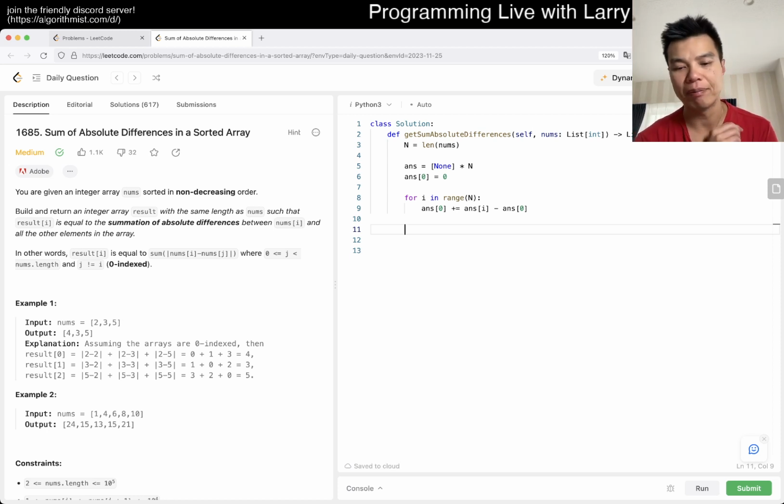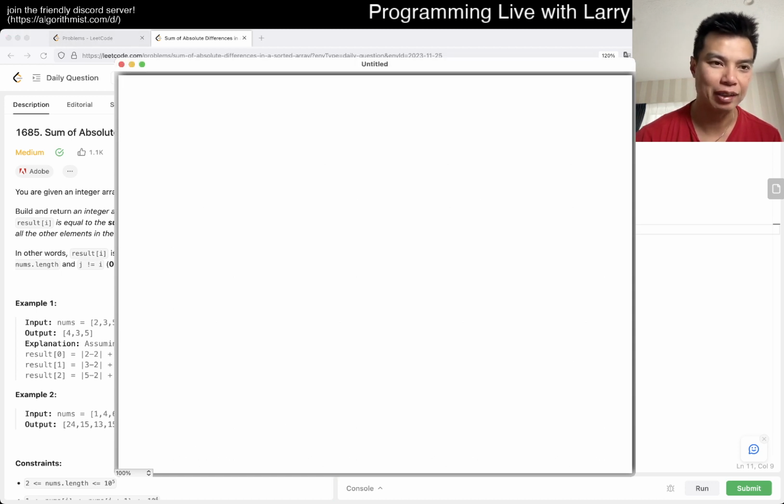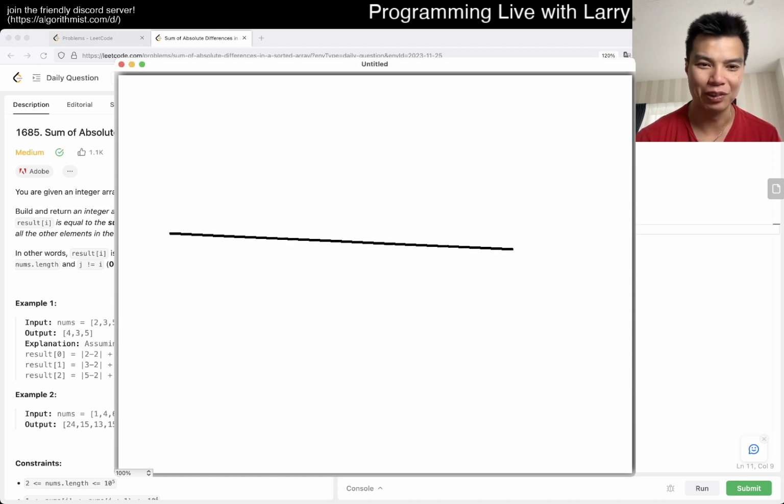And the way that I would think about it is, let me actually just pull up a painting thing. Hang on. There we go. I'm on the touchpad, so forgive me for the bad drawing possibly.